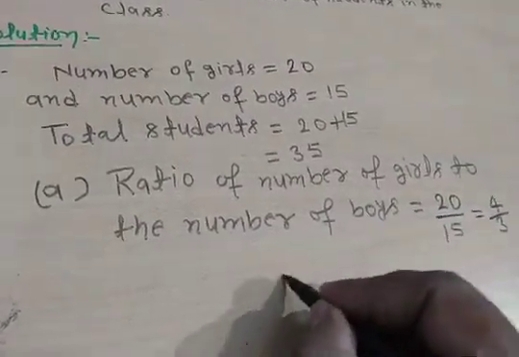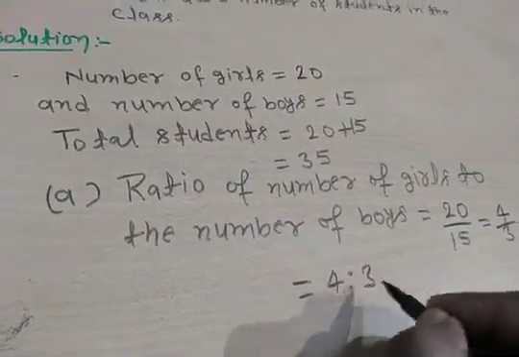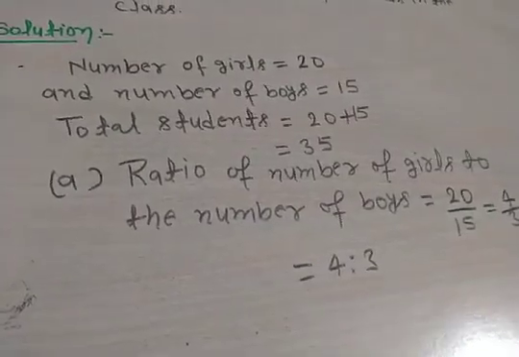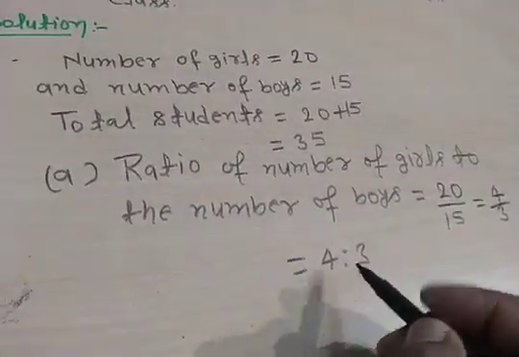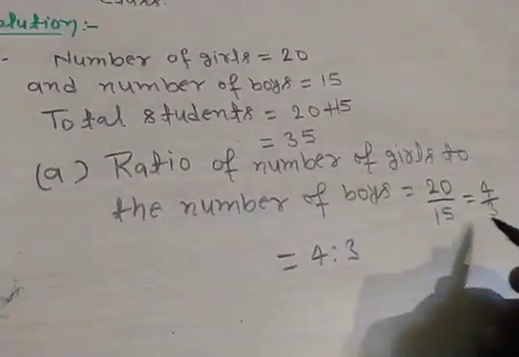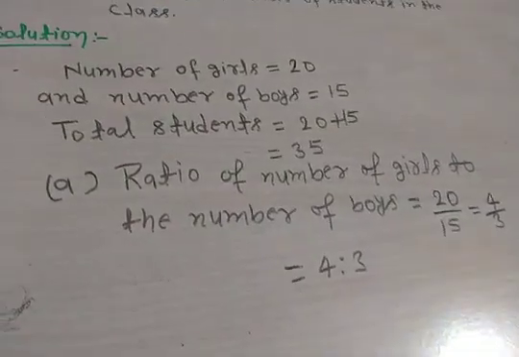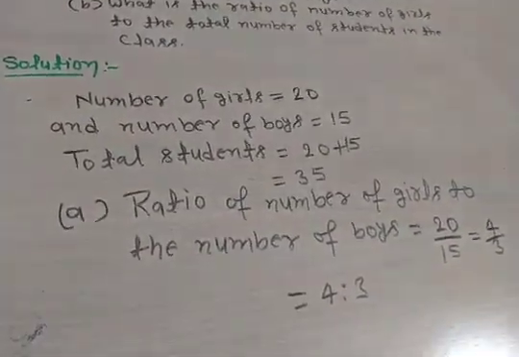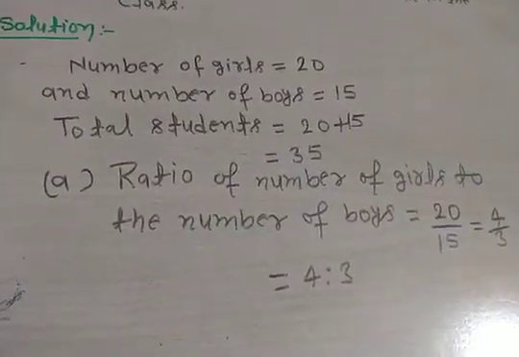So ratio is equal to 4 ratio 3. Clear? This is clear. This is symbol of ratio. 4 by 3, you can say this is 4 ratio 3. Okay. This is solution of question number 1.